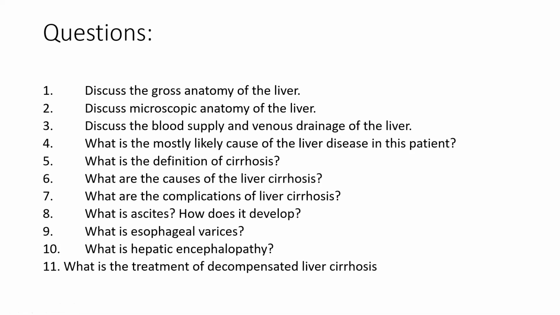How does it develop? People with ascites have portal hypertension and hypoalbuminemia, all of these are contributors. They lead to collection of fluid inside the peritoneal cavity with decreased lymphatic drainage. When lymphatic drainage is decreased, these fluids collect in the peritoneal cavity.